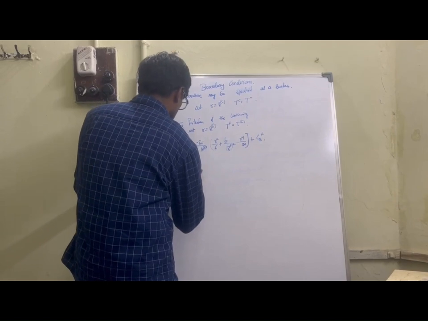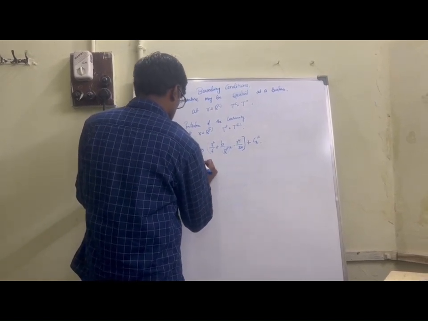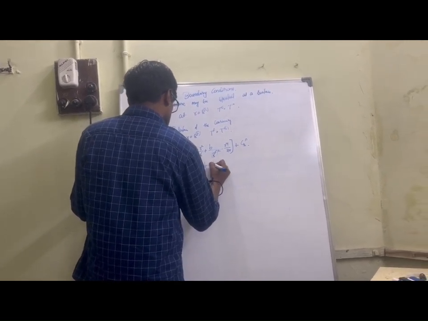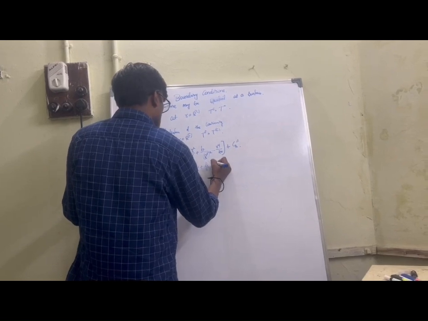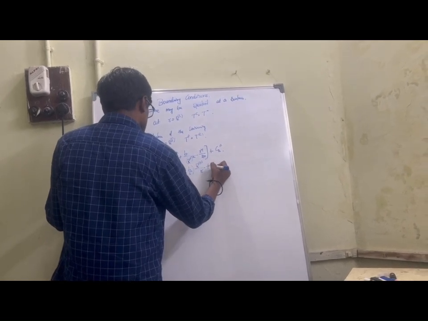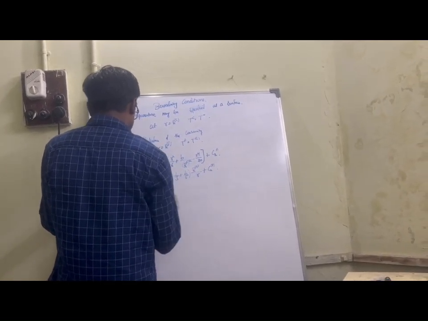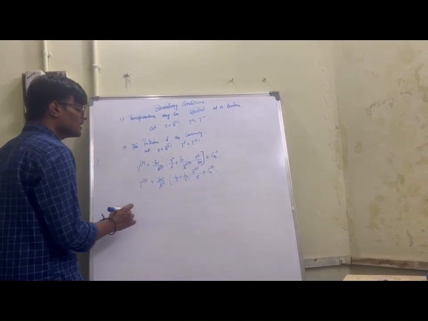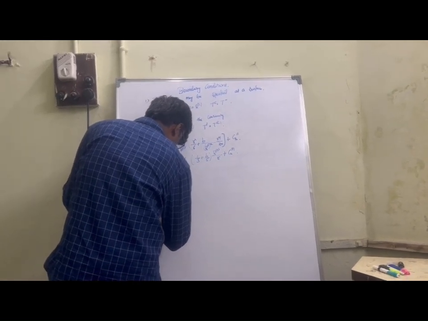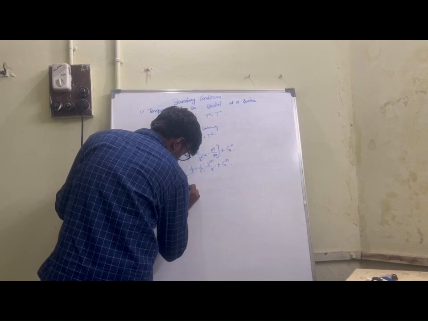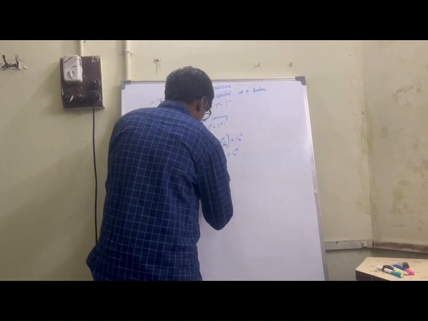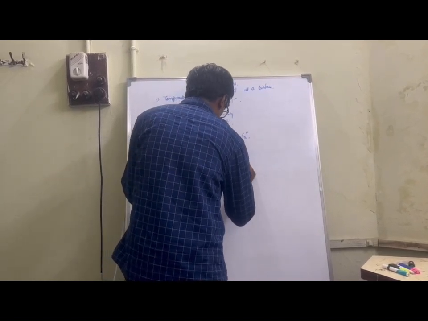Now the second equation: TC is equal to Sn naught divided by Kc, 1 by 3 plus b by 5, Rf to the power 3 divided by R, plus C2F. The third boundary condition is at R equal to RF.